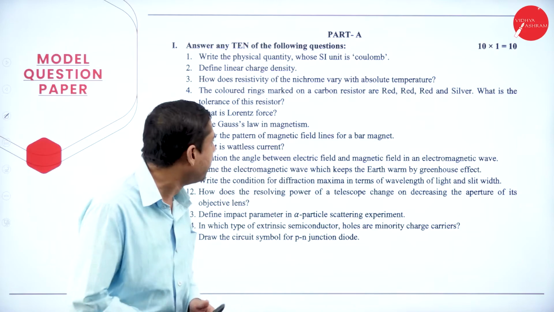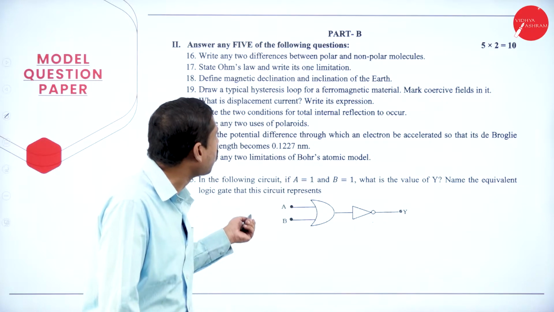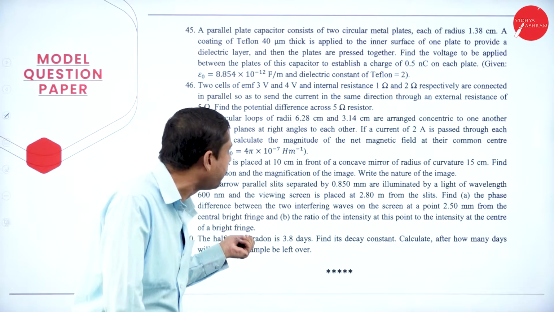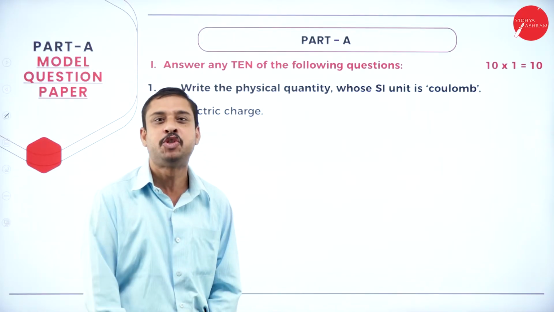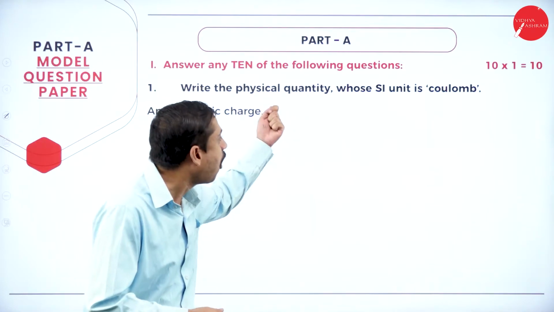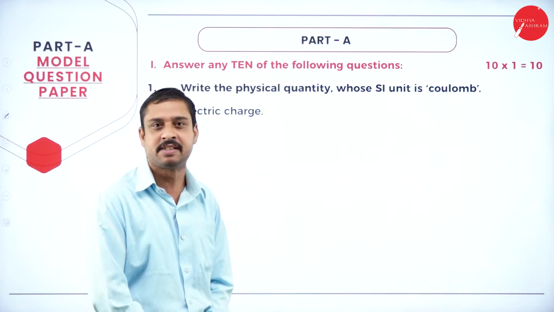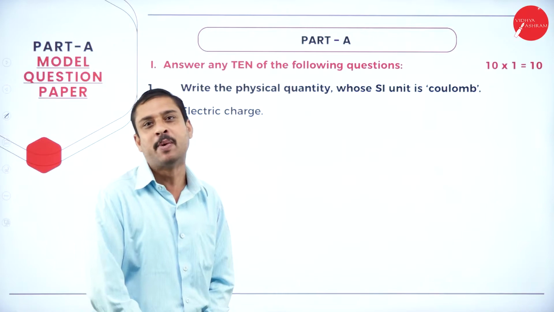So now here I am showcasing the questions from the question paper. And now I shall teach you all how to solve the 1 mark questions, part A of the question paper.